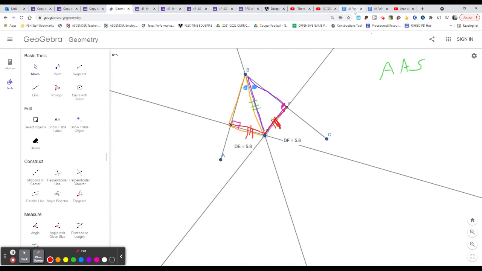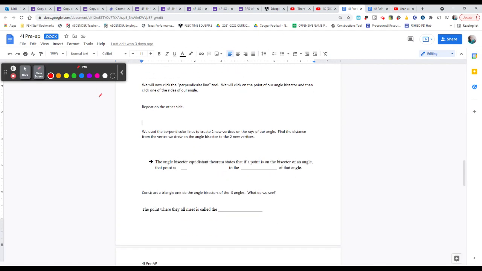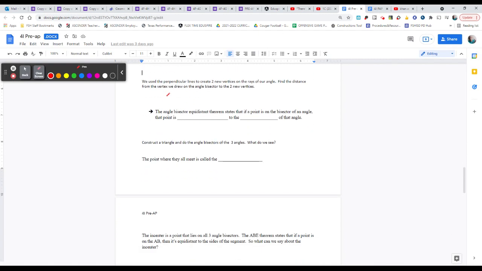So if I go back to my notes right here, the angle bisector theorem states that if a point is on the bisector of an angle, that point is equidistant to the sides of that angle.